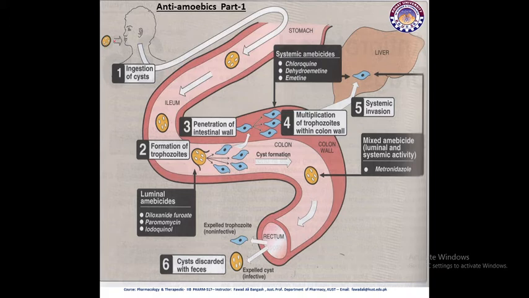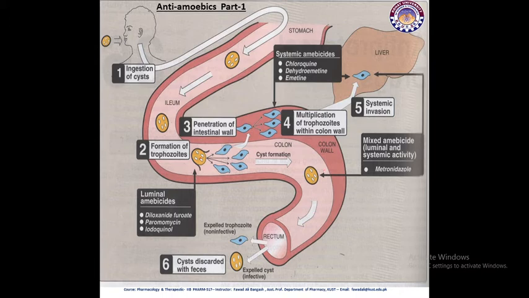If the patient ingests the cyst, it moves into the intestine, into the ileum, and in the ileum there is formation of trophozoites from the cysts. Then the trophozoites move forward, are further converted into cysts, and are excreted out through the rectum.